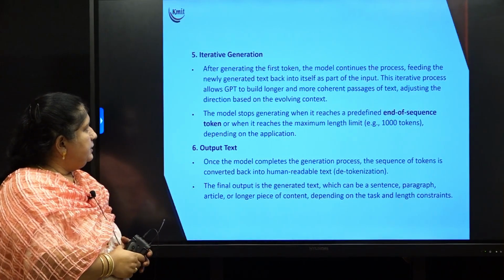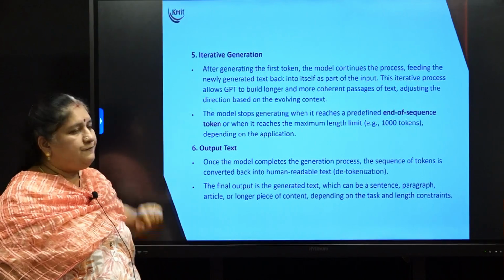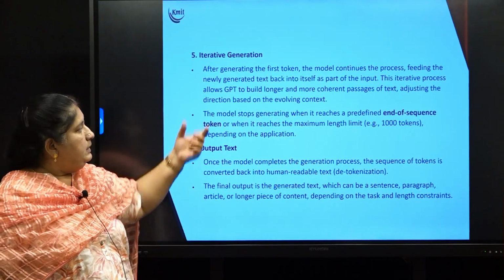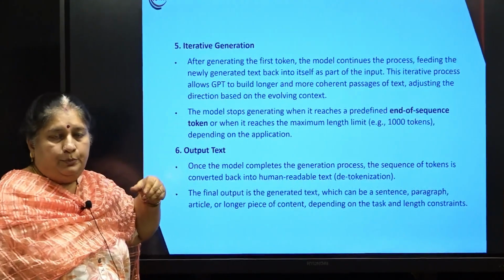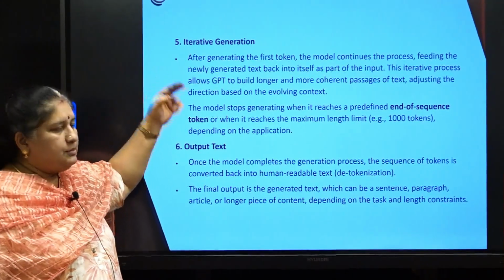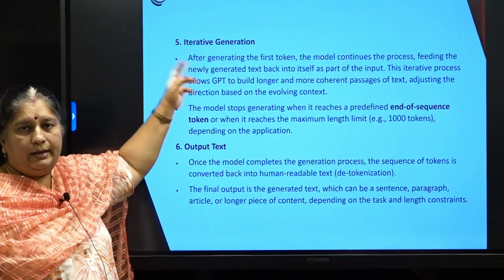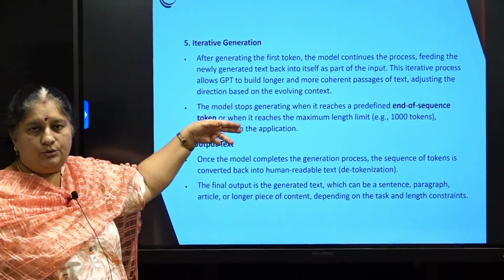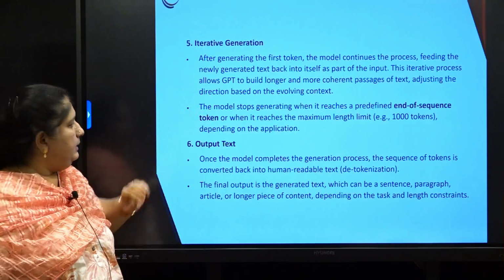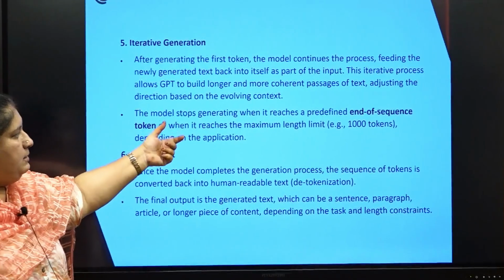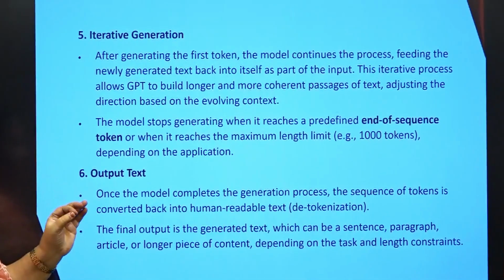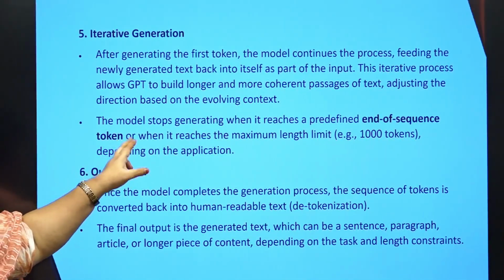Then iterative generation. After generating the first token, as I told, that token will be added to the input, and the iterative process of generating the next token, add it to the input, generate the next token, keeps on going iteratively. And the model stops generating when it reaches a predefined end of sequence token.